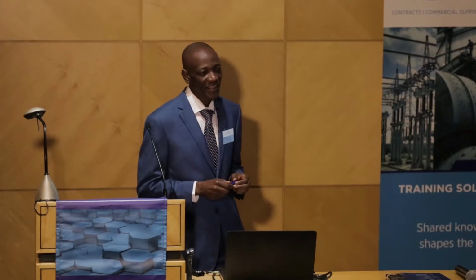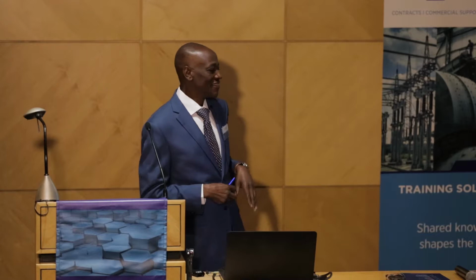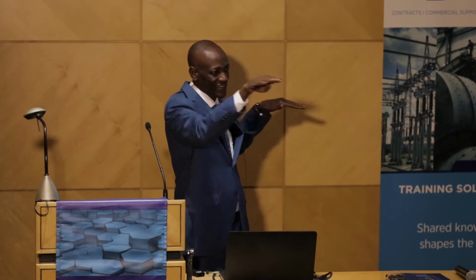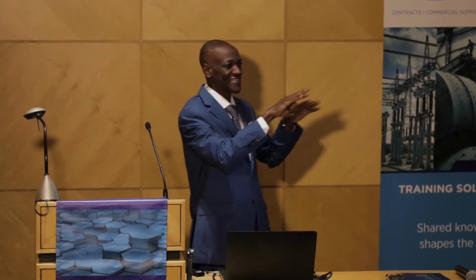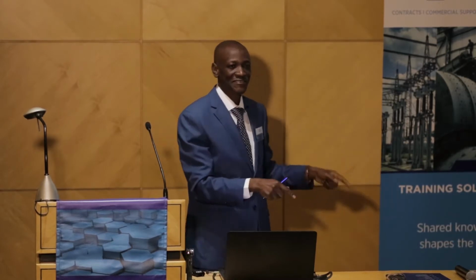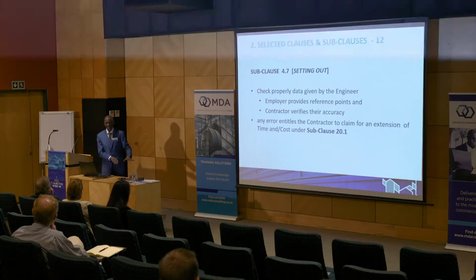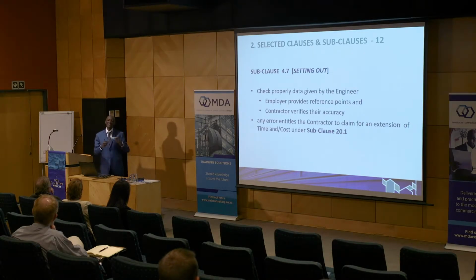So make sure that you verify the accuracy of these points given. I have experience on one of my road projects whereby the road level we were given meant the road was just hanging. If we hadn't checked, we would have found, when we started setting out, that the road doesn't tie with the existing ground. So the engineer had to give us a new reference point.